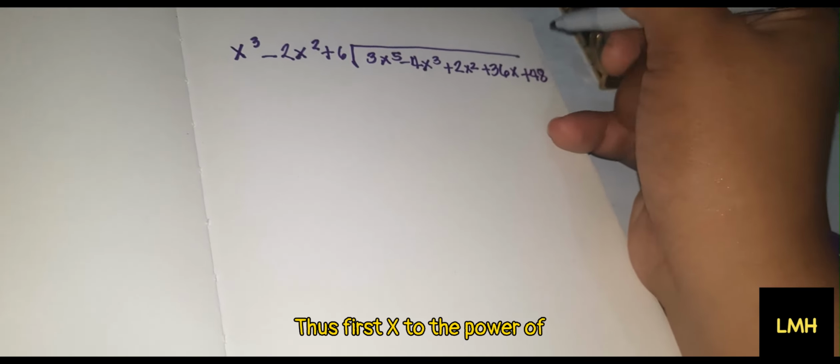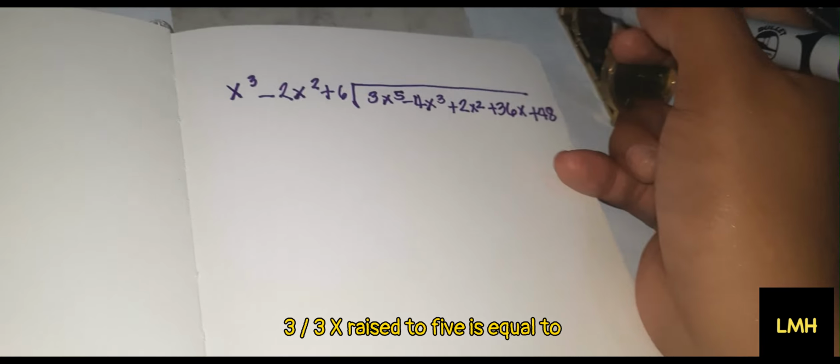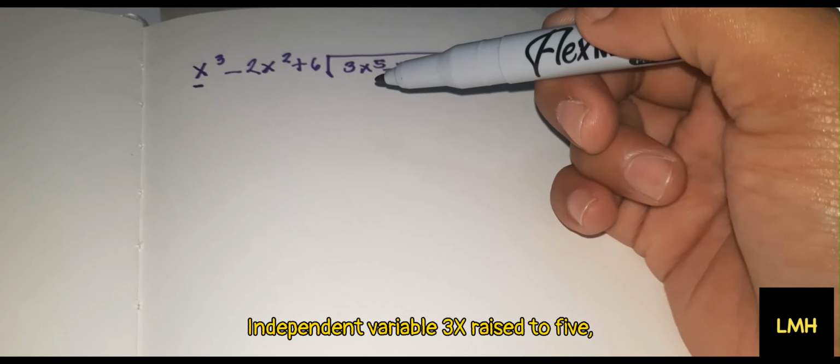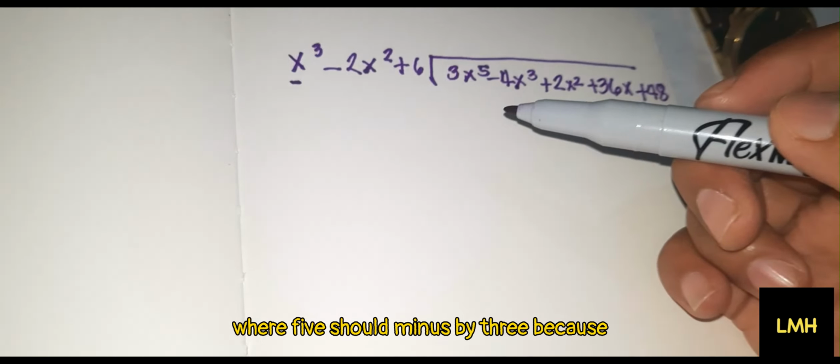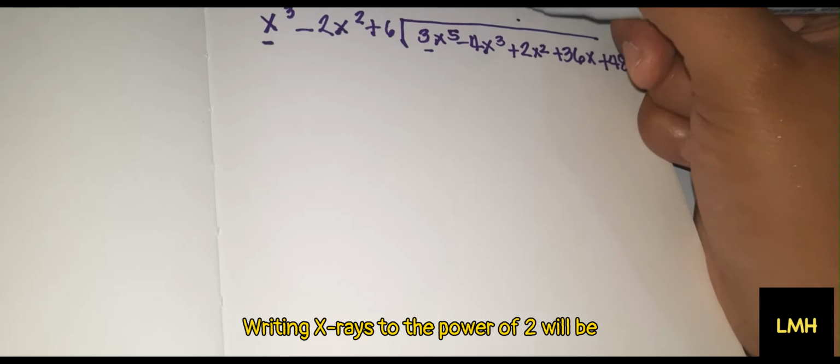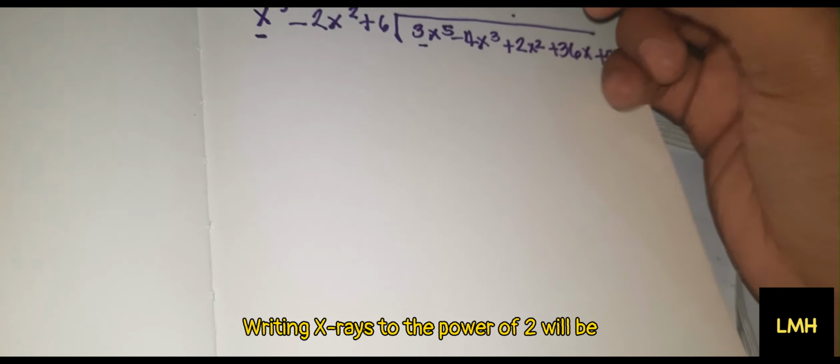Thus, first, 3x raised to 5 divided by x raised to 3 is equal to what? 3 divided by 1 is equal to 3, with the independent variable x. The exponent 5 should be minus 3 because of the division rules, and 5 minus 3 is equal to 2. Writing x raised to the power of 2 will be the quotient.